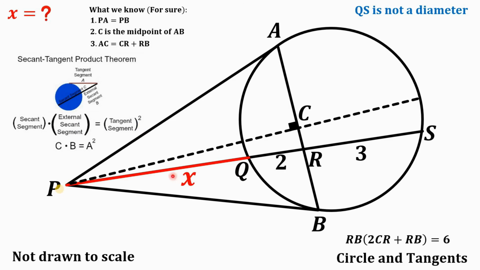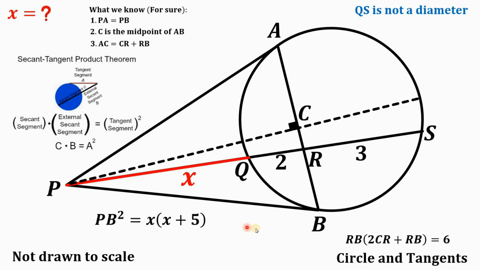On our given, we have tangent segment PB and secant PS. So we can use the secant tangent product theorem. So we have PB squared equals the whole secant x plus 2 plus 3 times the external part of the secant segment, which is x. Simplify, this becomes x multiplied by x plus 5.